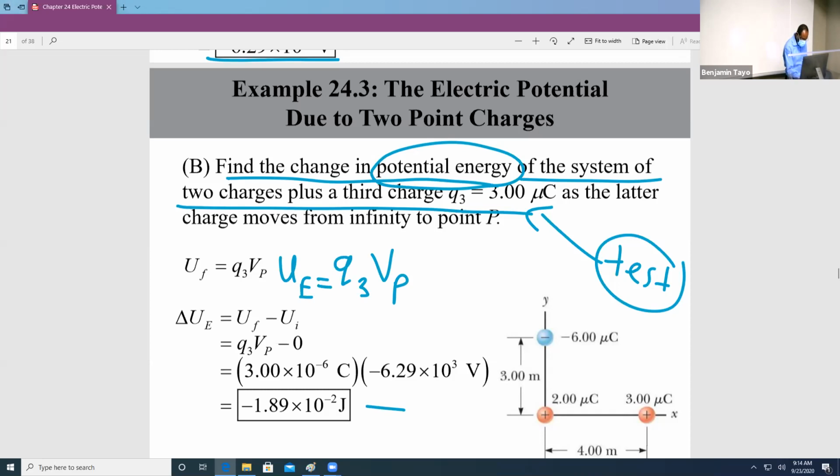So you end up with this value here. So again, remember that the negative sign simply means that there's a decrease.